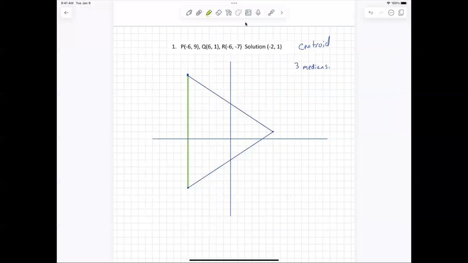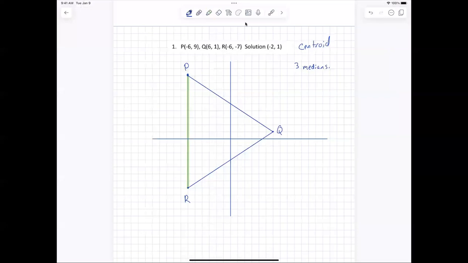All right. So medians are midpoints, correct? So if this up here is P and this is Q and this is R, what's the midpoint of PR? Remember, midpoint is just the average. If you forget this, you need to write yourself some notes. Midpoint is the average.